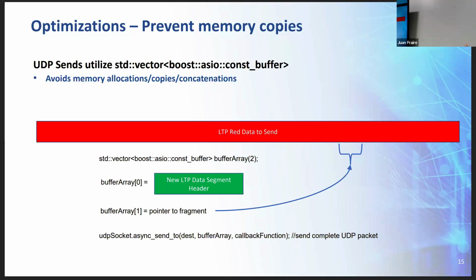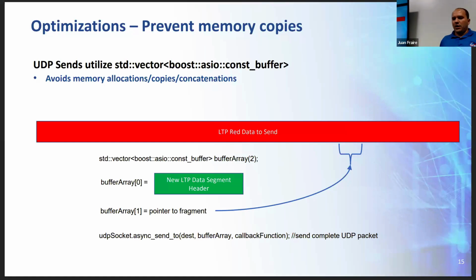So in this case, if we want to send a new data segment, a piece of red data, we want to send a new LTP data segment, which consists of a few bytes of what's called an LTP data segment header, and then we have the actual red data itself.